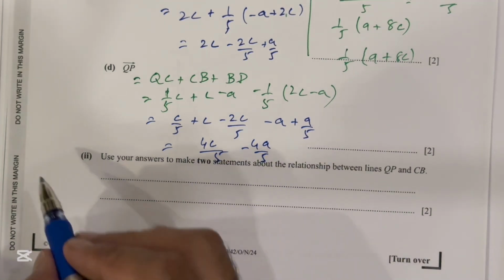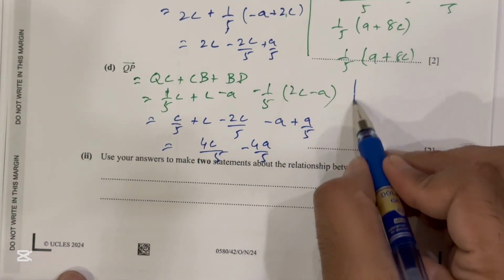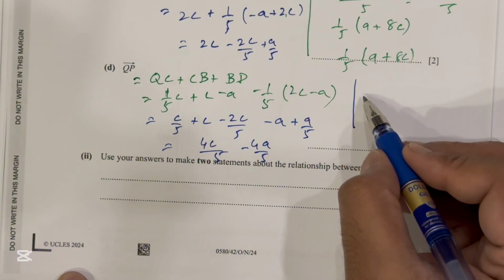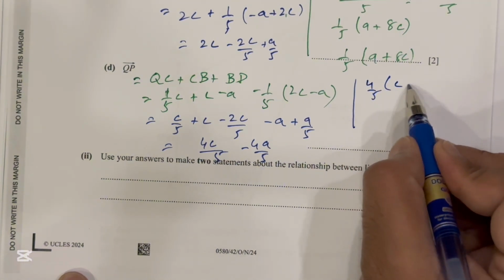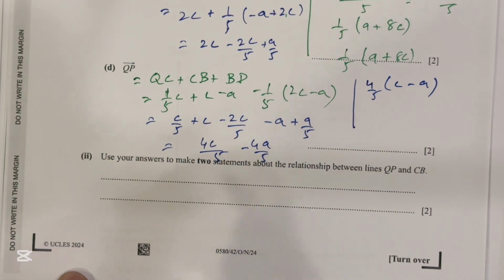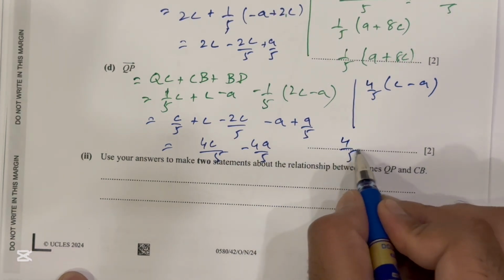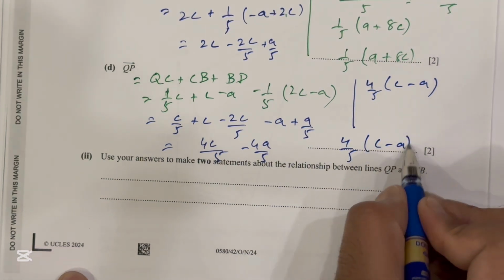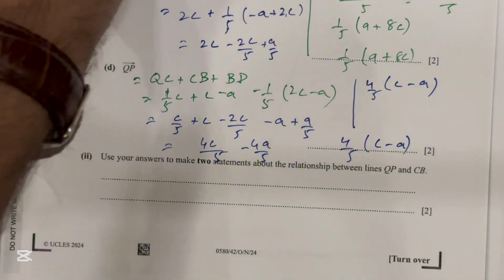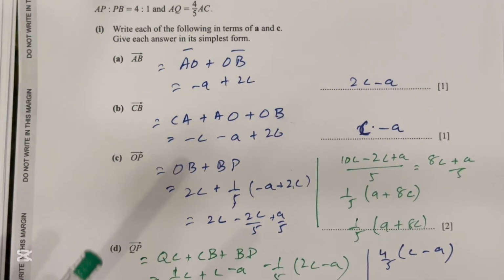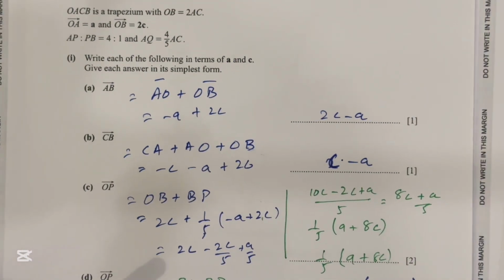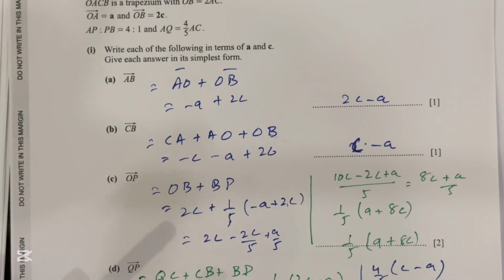You can take 4 by 5 common. I'm solving the rest of it over here. 4 by 5 common, then this would be C minus A. So this would be your final answer, 4 by 5 (C minus A). Okay, this was a good question for those students who find difficulty in understanding the ratio questions used in the topic of vectors.